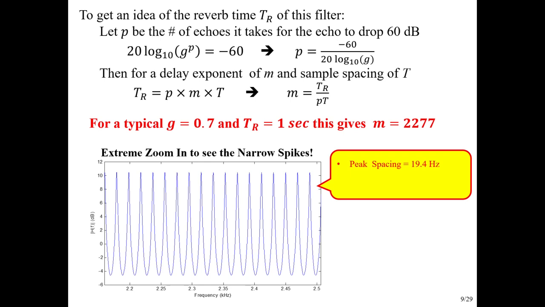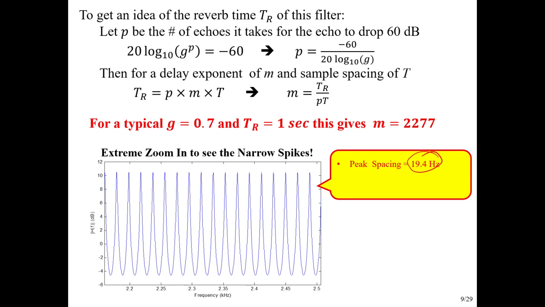So now if we take that value of M and go back and plot our frequency response, and I'm zooming in, but still this is in kilohertz, so I'm going from about 2 kilohertz up to 2.5. So we're looking over 500 hertz here. We've got a bunch of spikes, but the peak spacing, if we plug all these numbers in to the formulas we had on the previous page, these peaks are spaced 19.4 hertz apart.